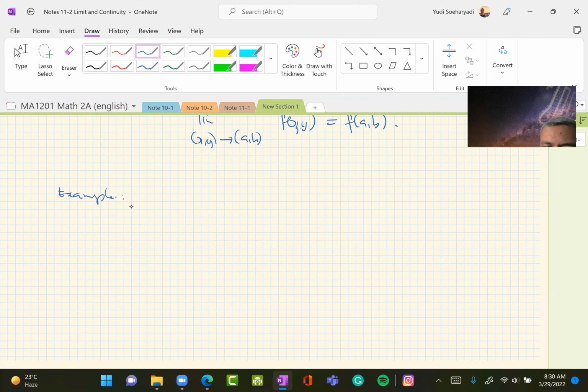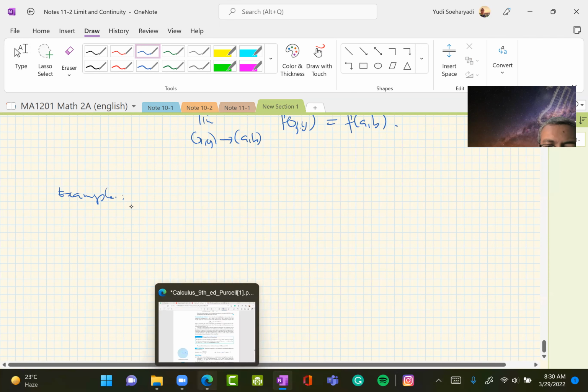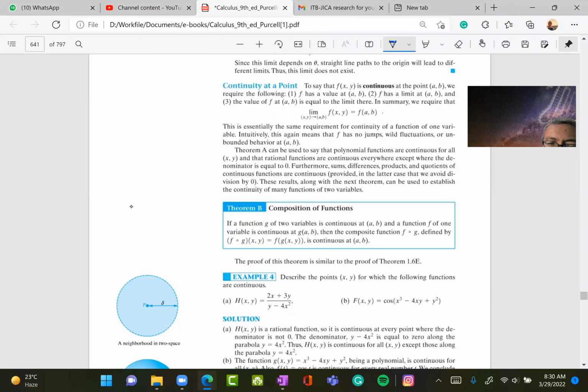All right, what's the example? The question is, find all points (x, y) for which the following functions are continuous.